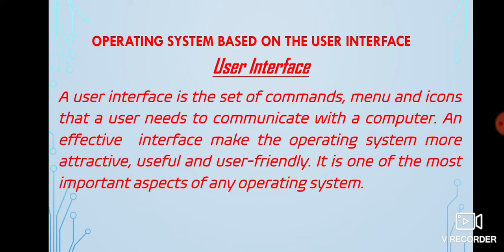A user interface is the set of commands, menus, and icons that a user needs to communicate with a computer. That means user interface is one of the most important aspects of any operating system, and an effective interface makes the operating system more attractive, useful, and user friendly.